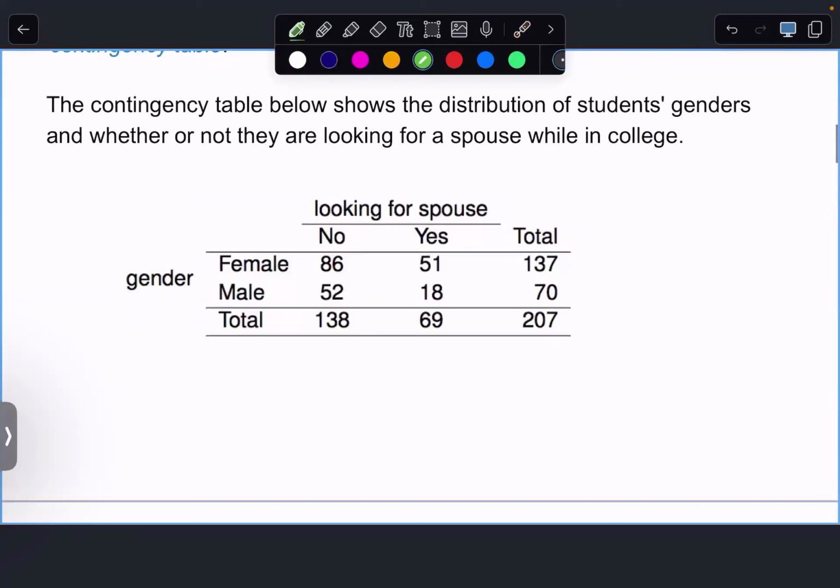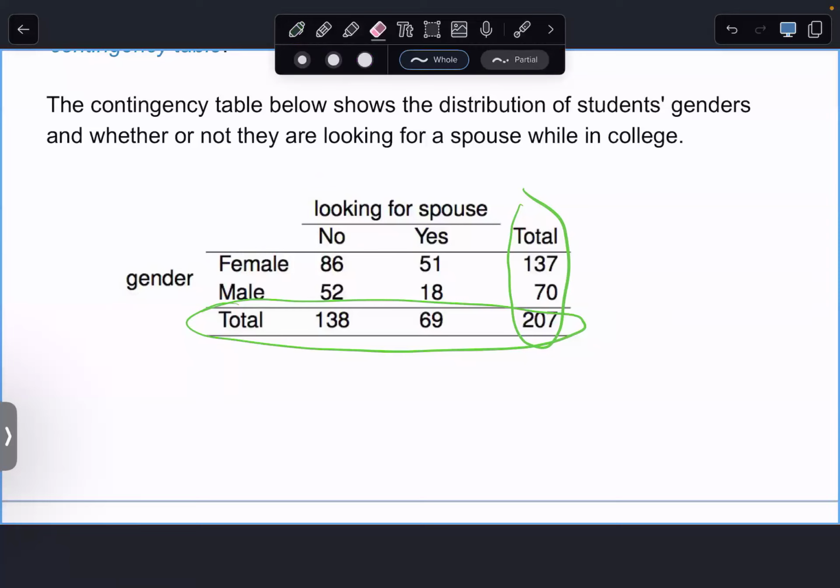And so what can we do here? For example, there were 137 females sampled, 137 out of 207. We'll call these the marginal totals.